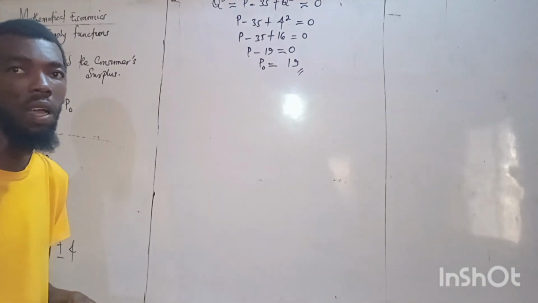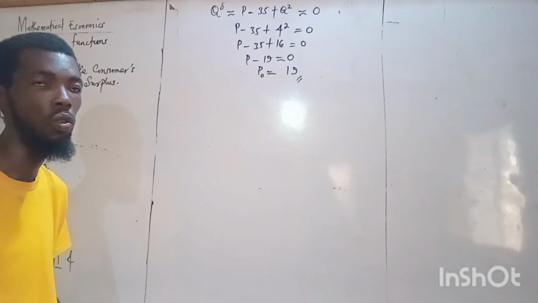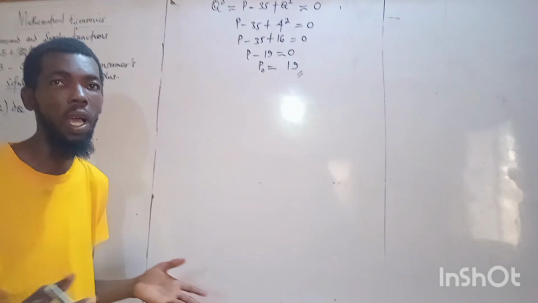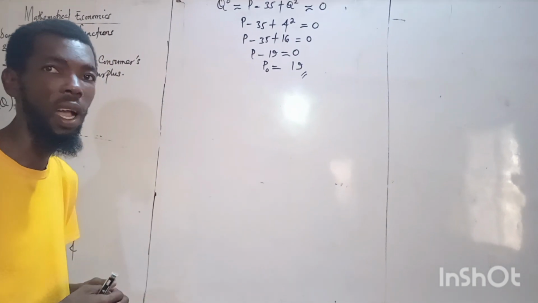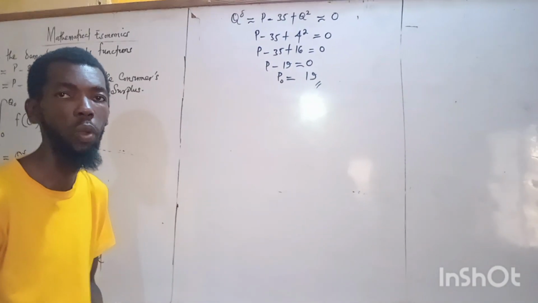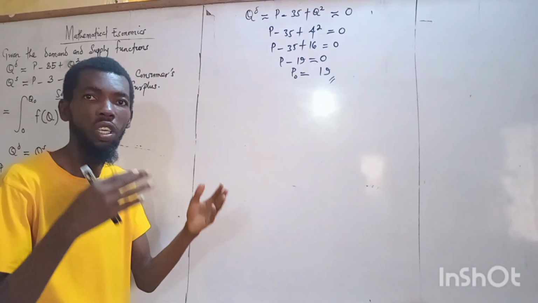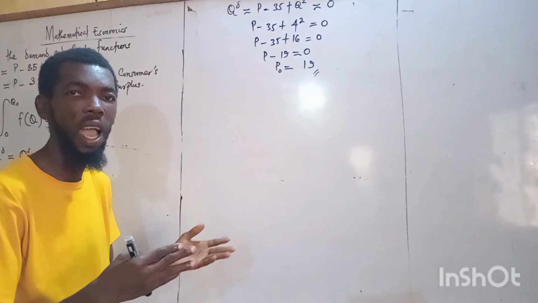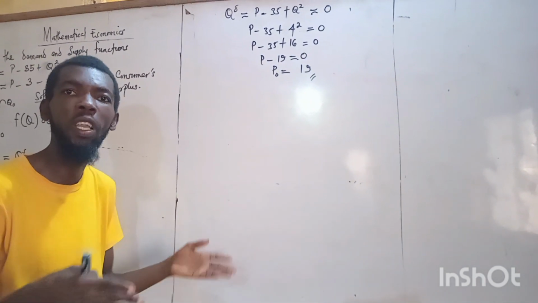So the next thing now, having got our P naught and Q naught, is to write our formula out. But before we write our formula out, remember that we are dealing with consumer surplus. And in the consumer surplus, the f of Q dQ must be from the demand function.